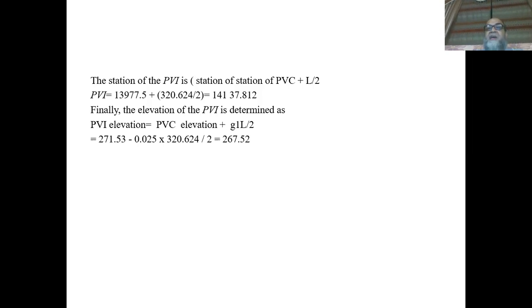Conversely, if you are calculating the value of PVI of a crest curve, then obviously the elevation of PVI of a crest curve will be higher than the elevation of PVC. This problem is meant to broaden your concept about how to use K values.